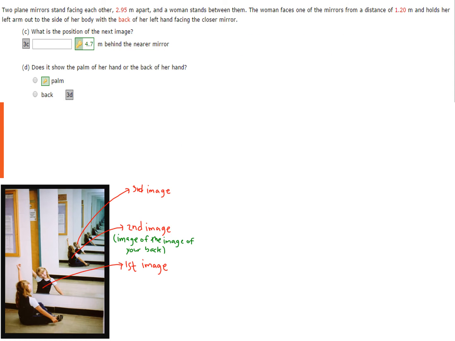Now let's proceed to question C. What is the position of the image behind the nearer mirror? So this is our illustration earlier. Now we can see that the woman is standing with her back facing the second mirror, or mirror 2. So we could also see that somewhere here is a reflection of the woman's back.